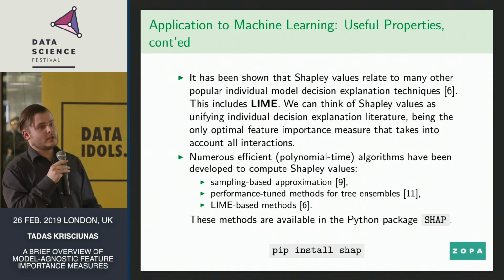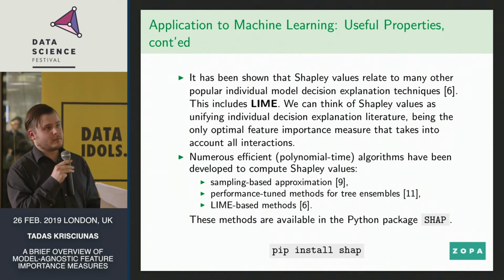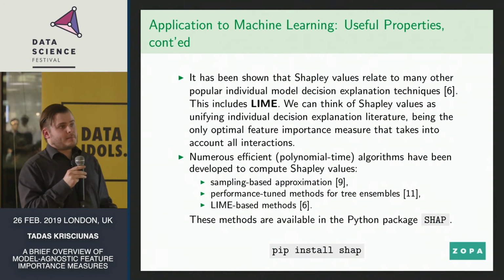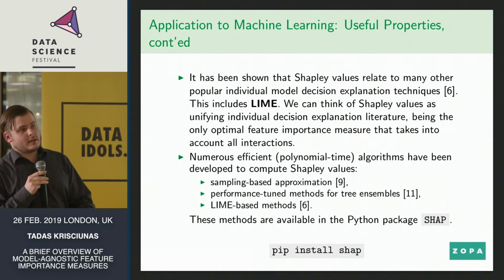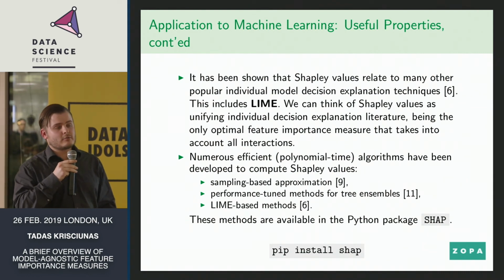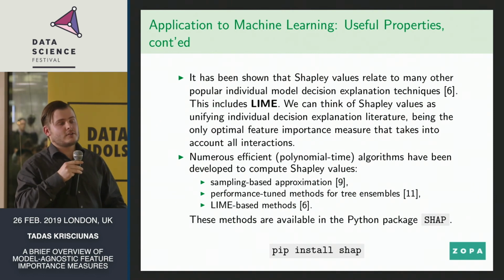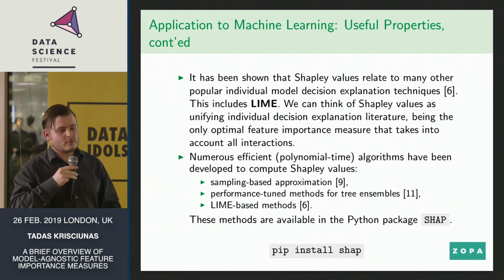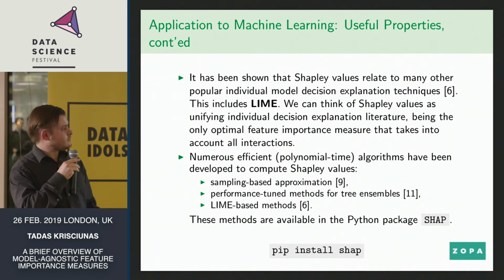So specifically, if we look at something like LIME, which I won't go into detail explaining, what we will actually observe is that Shapley values are a particular kernel and a particular model in the more general LIME model space, which also has some additional theoretic guarantees. So we can really view Shapley values not as a competitor to LIME or some other similar feature importance measure techniques, but rather as a way to unify them and to really give them deep mathematical grounding.